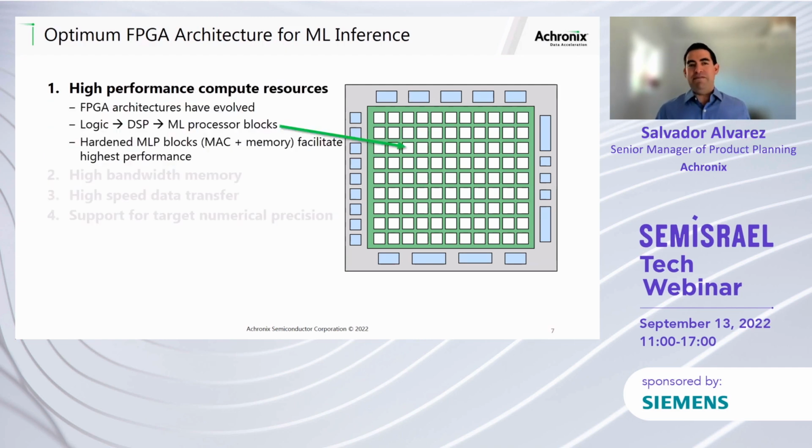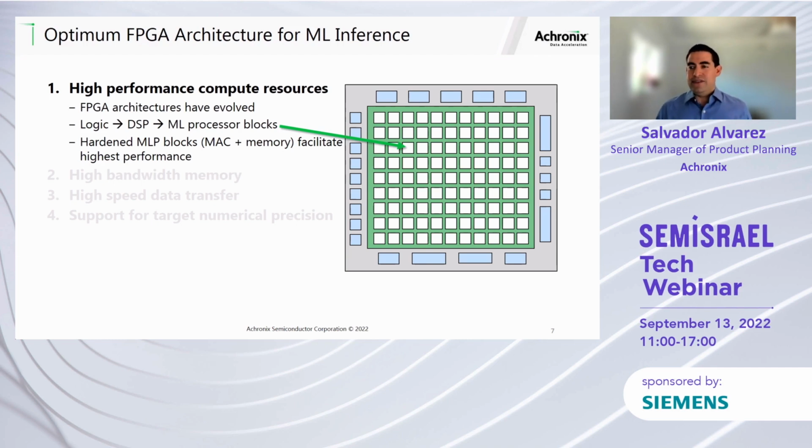First, early FPGAs were simply arrays of lookup tables and flip-flops, and these were the simplest logic functions on which all other functions were built upon. Later on, hardened multiply accumulate or MAC blocks were added, making them very proficient at digital signal processing functions.